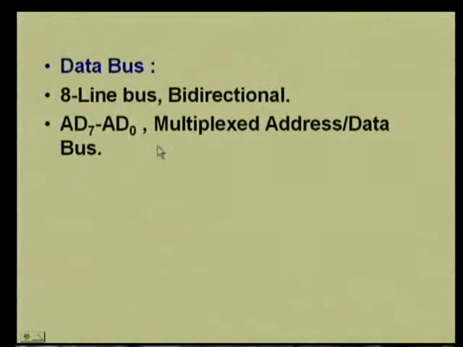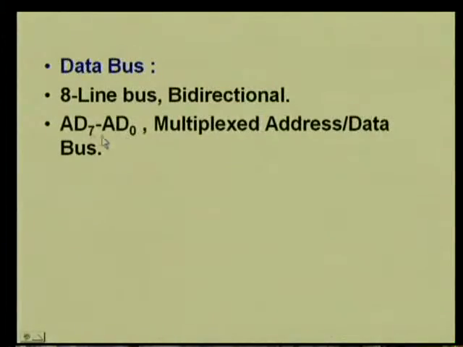So it is a bidirectional bus. We already discussed that the same lines which are utilized for sending the lower order address byte are also used for sending data at a later time, that is, the multiplexed address and data bus, which is AD7 to AD0, is going to be used as the data bus.